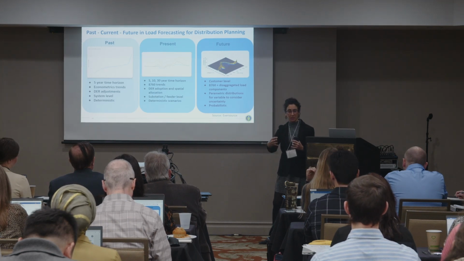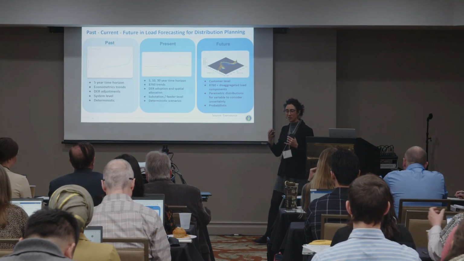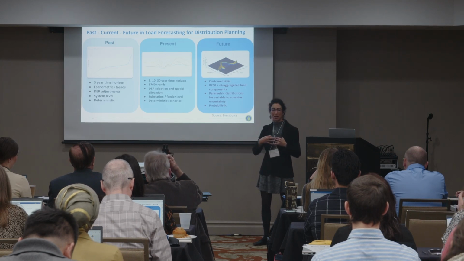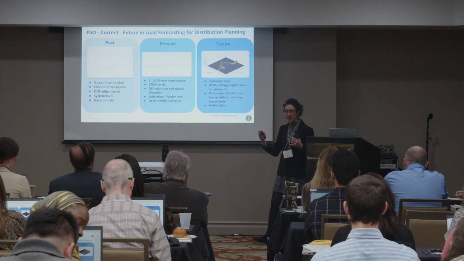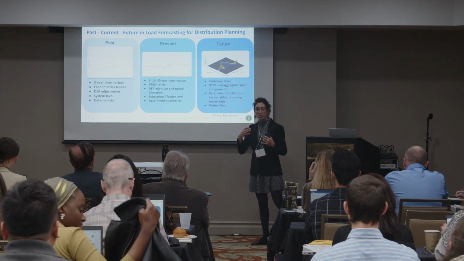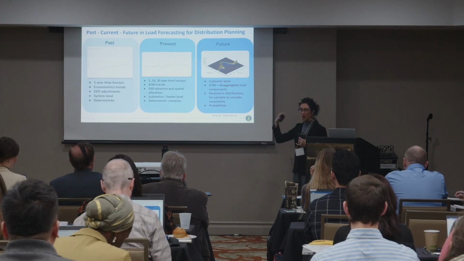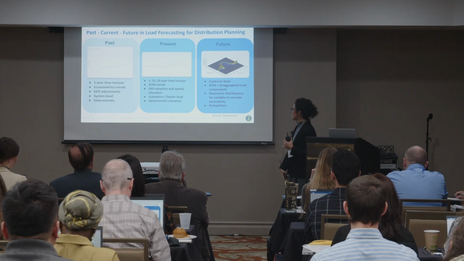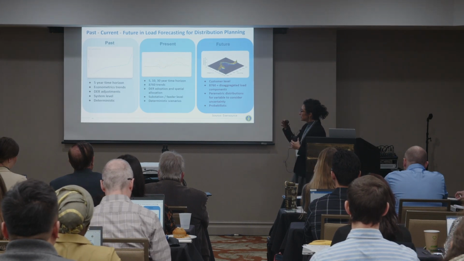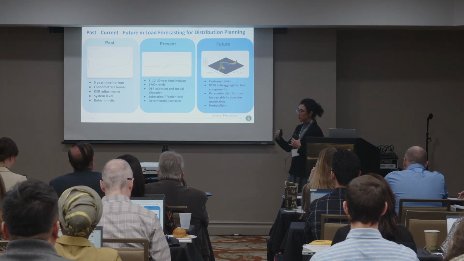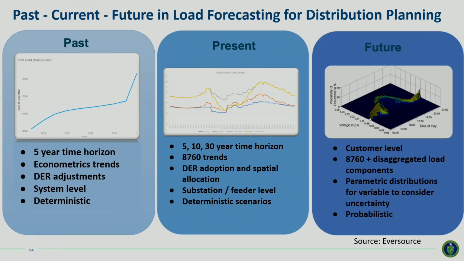but really at the customer. Customers are the ones that are going to be driving this. And so customer modeling and understanding how are they going to respond to prices, how are they going to adopt the technologies is really where the methods are going. And then moving from scenarios, pushing the boundaries to more probabilistic thinking.